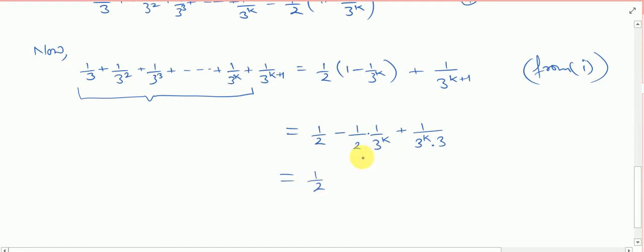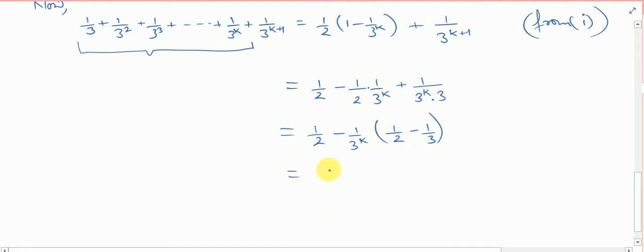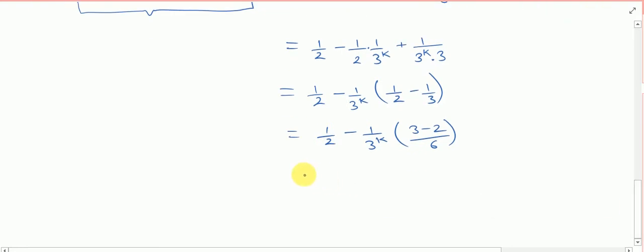Now if you consider these two terms, you find that 1/3^k is common, so I can take that out. So I'm left with 1/2 − 1/3. Simplify it, so you get (3 − 2)/6. So 1/2 − 1/3^k times 1/6.